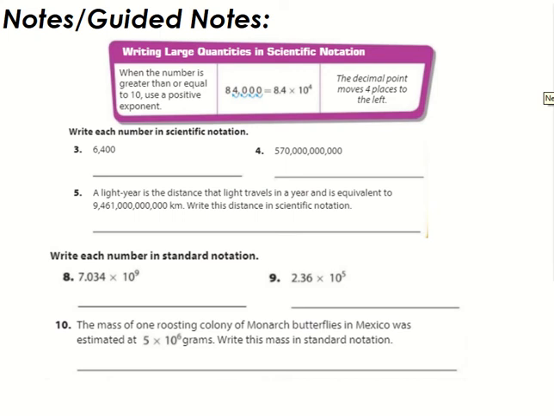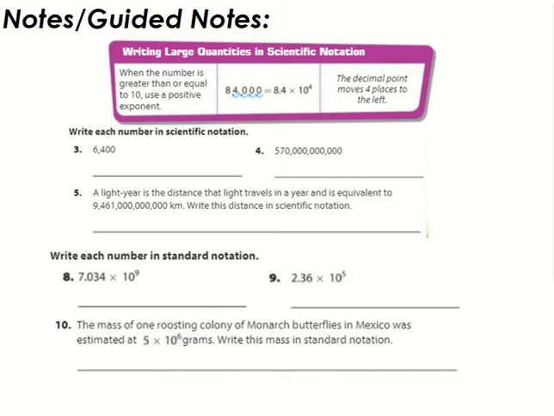So this is all large numbers. When the number is greater than or equal to 10, we use a positive exponent. The bigger the number is, we're going to use a positive exponent. What we do, in this little example, is start at the very back of the number where the decimal would be.